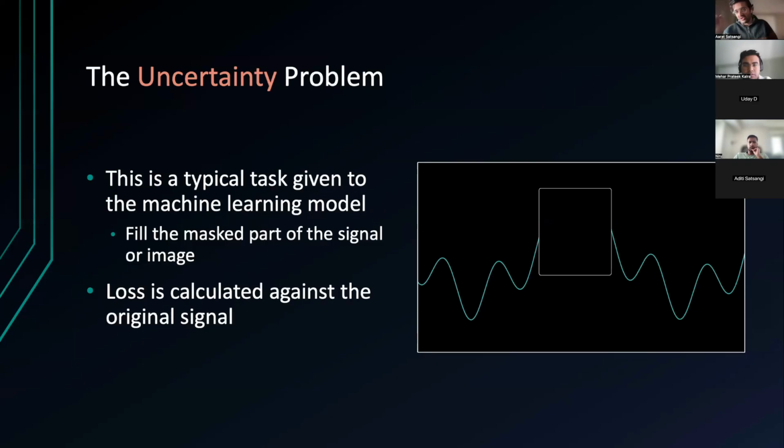How can you fill this black box inside of this? You've just masked out a part of the signal. Now how can you possibly fill this gap in between? What can be done?